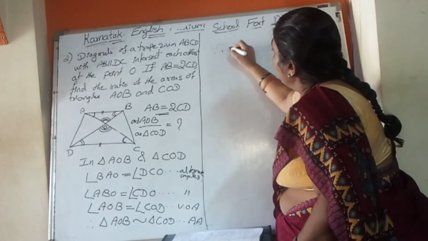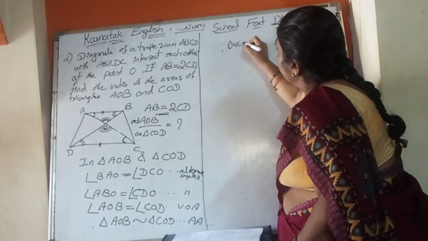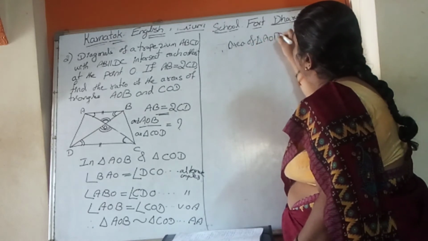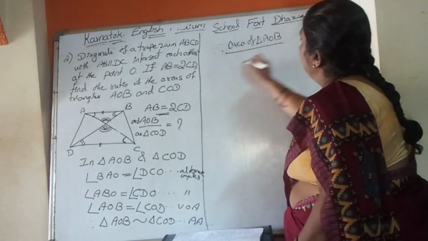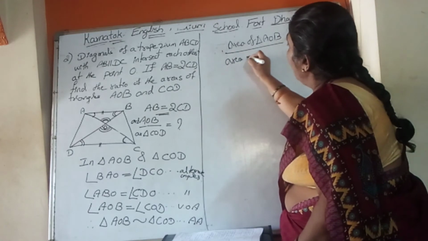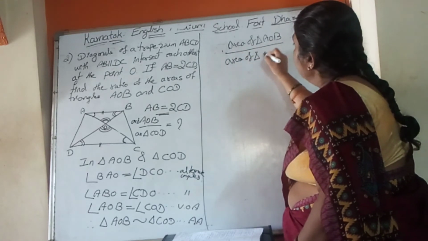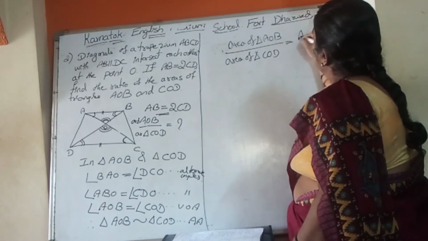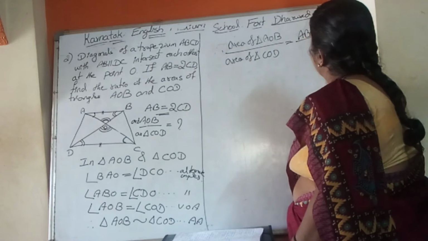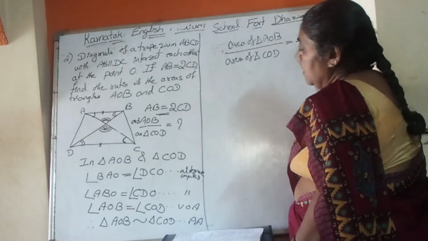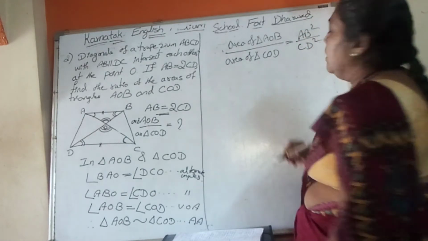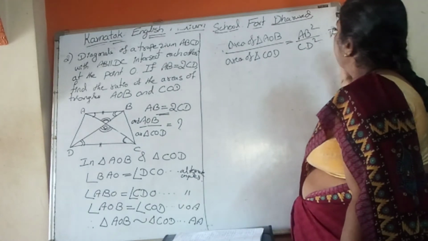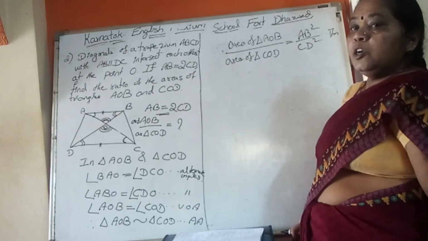therefore area of triangle AOB divided by area of triangle COD equals AB square divided by CD square, by Theorem 2.6, which you already learned.